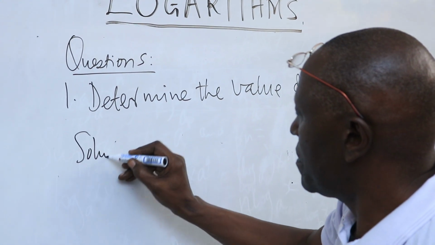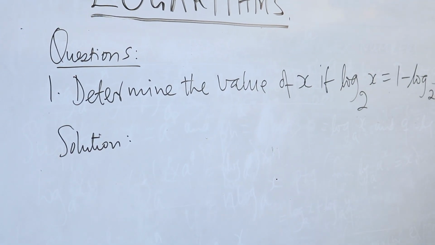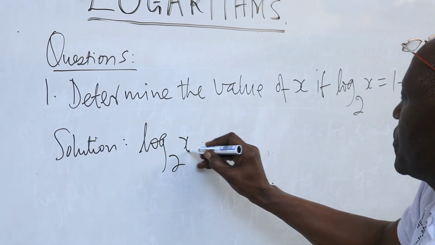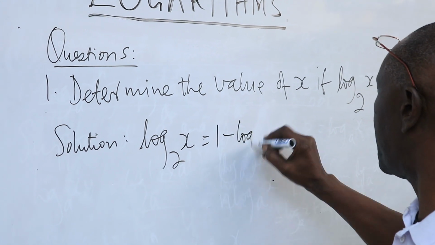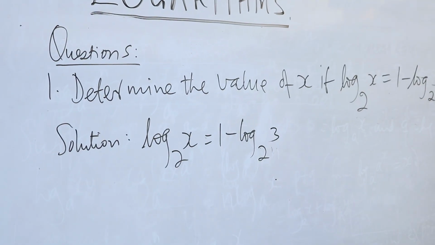Solution: logarithm of x equals 1 minus logarithm of 3 to base 2.